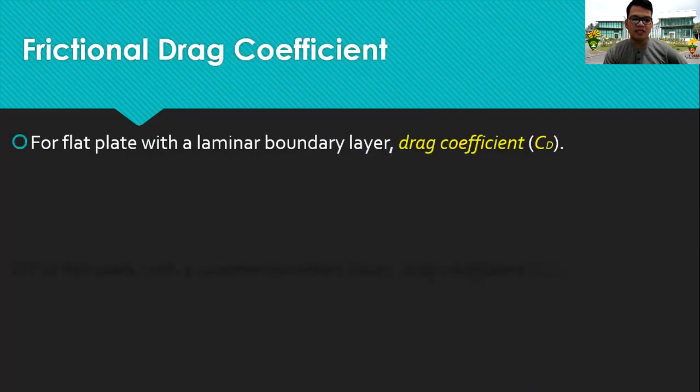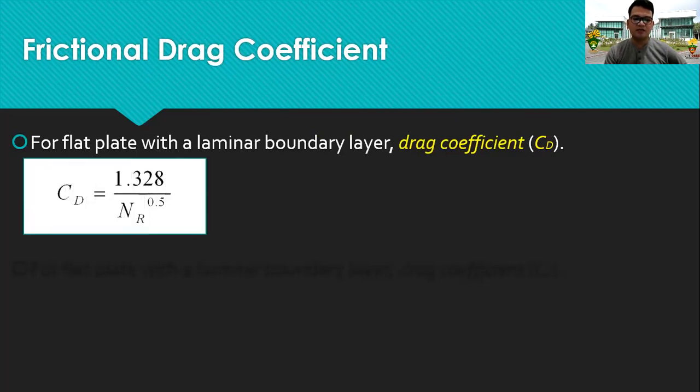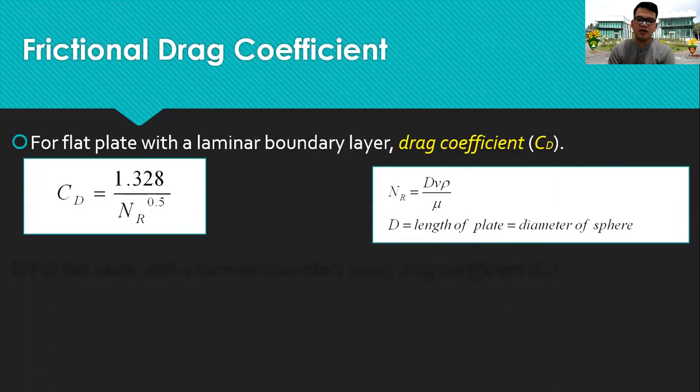For a flat plate with a laminar boundary layer, the drag coefficient can be computed with this formula: CD is equal to 1.328 divided by the square root of NR, or NR to the power 0.5. So what is NR, by the way?